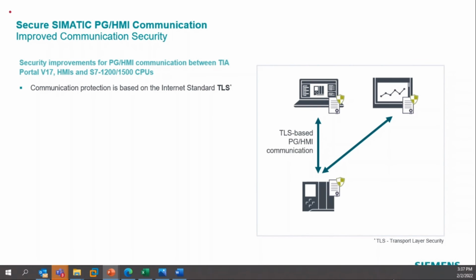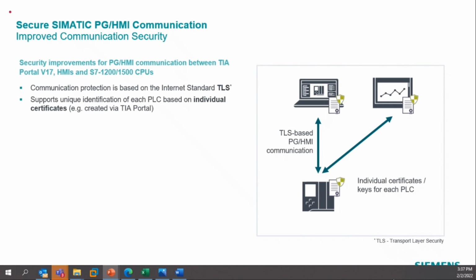It provides encryption and data integrity between the communication partners. The communication is encrypted by applying individual certificates for each partner. The certificates can be imported or created in TIA Portal with the Simatic manager.